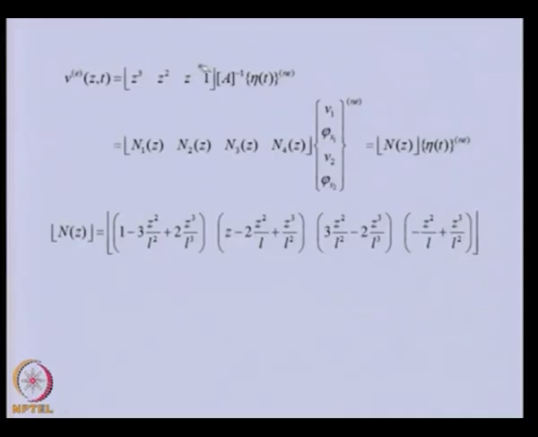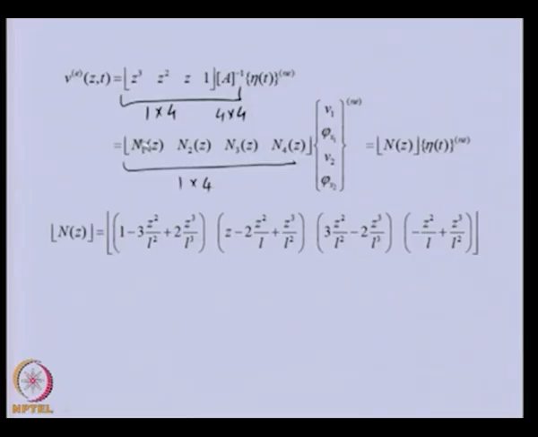That is the z terms and A inverse into nodal displacements, and if we multiply these two, let us see the size of these. We have 1 into 4 for the first row vector, and the A matrix is 4 by 4. So, finally, we should get this as 1 into 4.